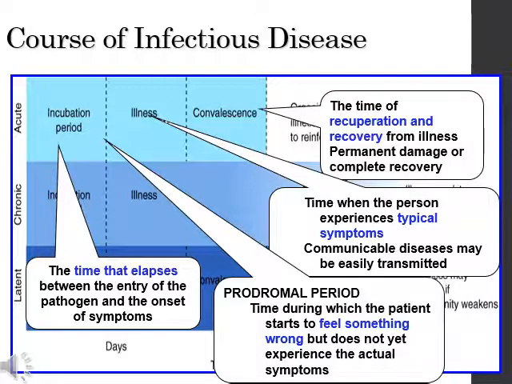Then another period is the incubation period. What is the incubation period? Incubation is the time that elapses between the entry of the pathogen and the onset of symptoms. So what is the incubation period? After penetration, whatever time it takes for symptoms to appear for the disease to develop, whatever the duration was, we call it the incubation period. And within the incubation period, when non-specific signs and symptoms appear, that period is the prodromal period. And after the prodromal period, when the person experiences typical signs and symptoms of any disease, then this is the illness period.